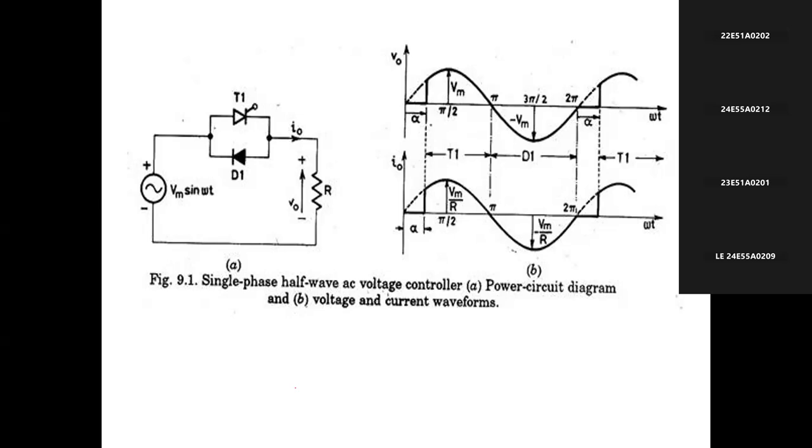Unmute your mic. 23 series 203. I'm marking as absent for you also. 23 series 204. Who is 204? Not there. 207.